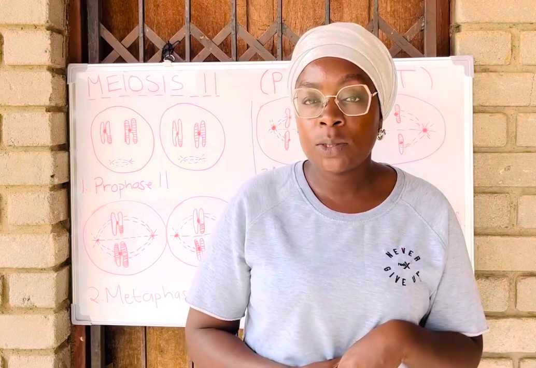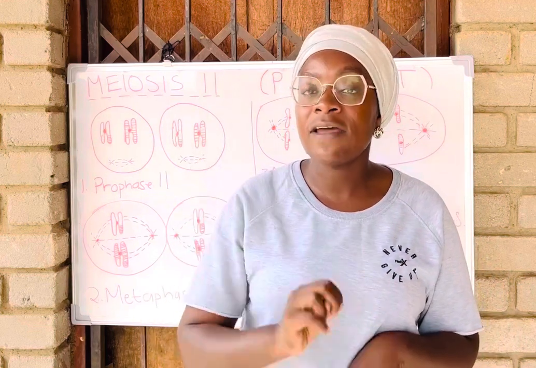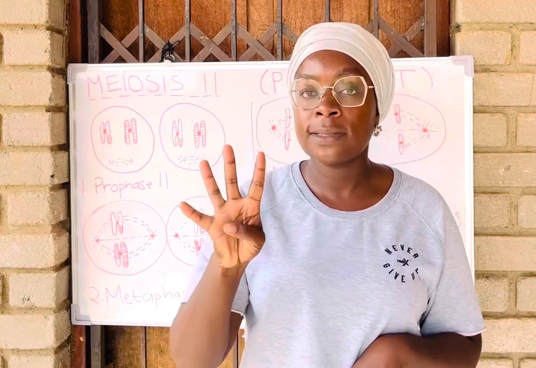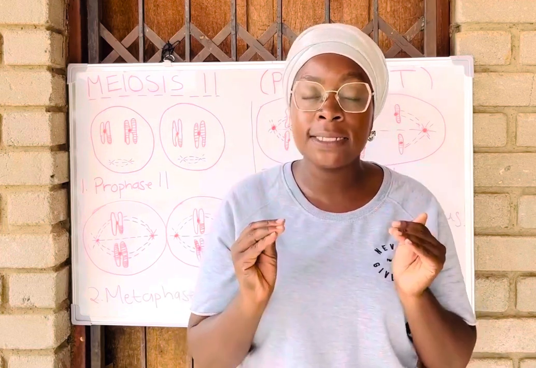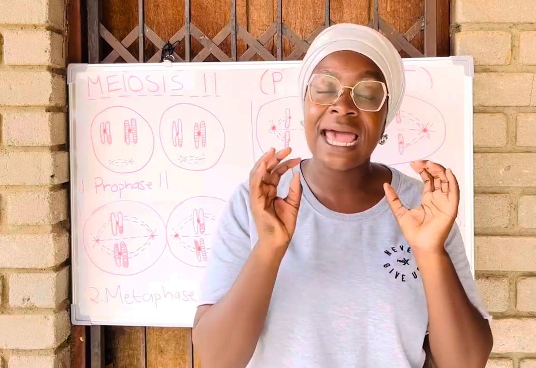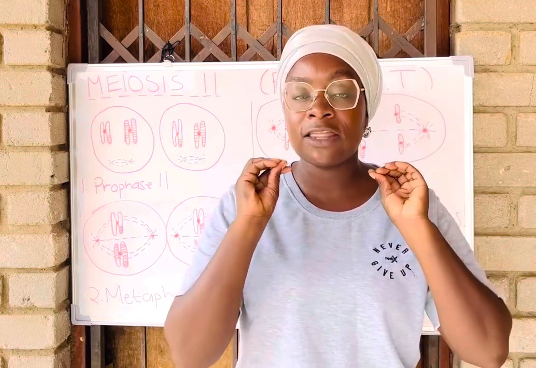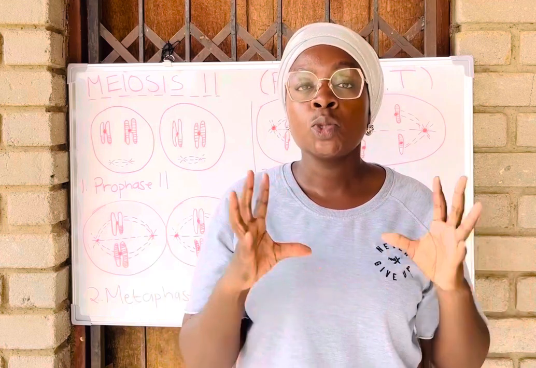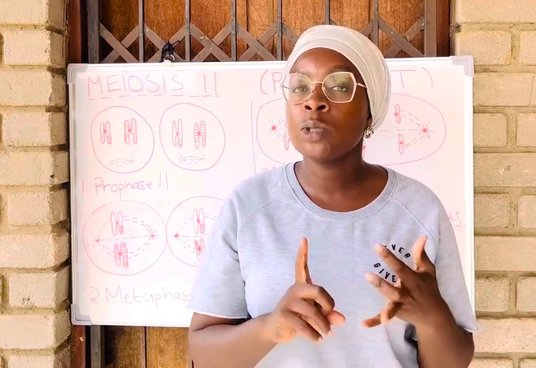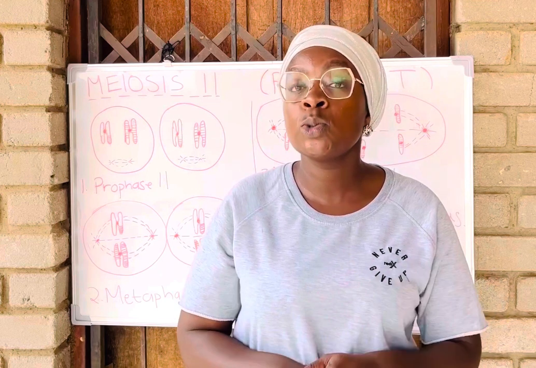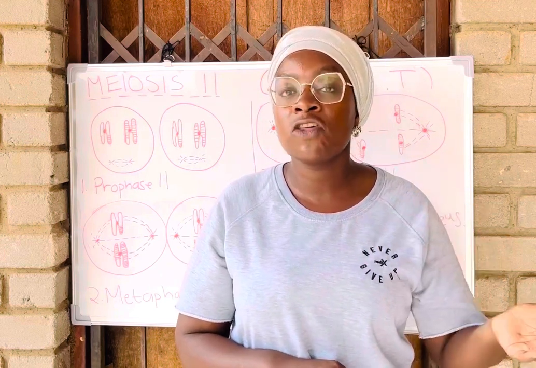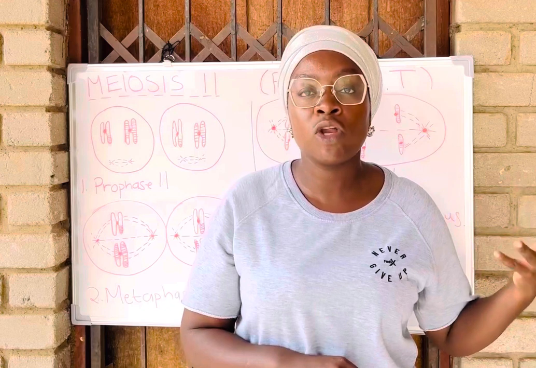However, in meiosis 2, we have two cells dividing to form four cells. Those are the differences that you need to know. If they say tabulate, you're going to tabulate and write the differences that I just told you. So you talk about chromosome number, crossing over, interphase, homologous pairs, and also the division that happens, how many cells actually divide.